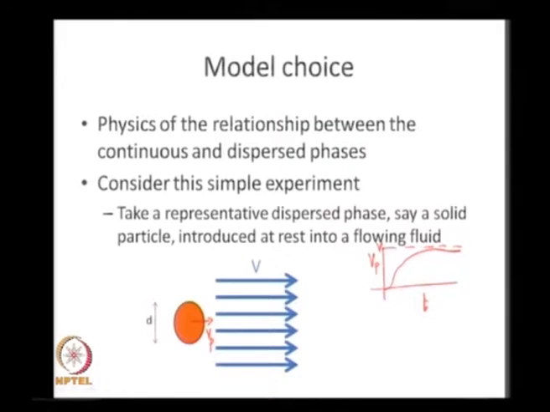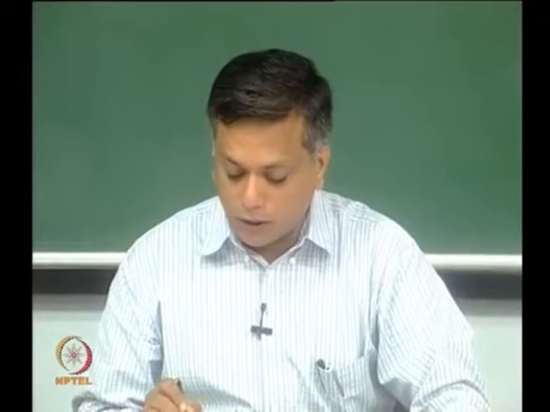Now, you can see that this is typically what is referred to as a first order process, that it is an exponential rise, it exponentially and asymptotically reaches the fluid velocity v.